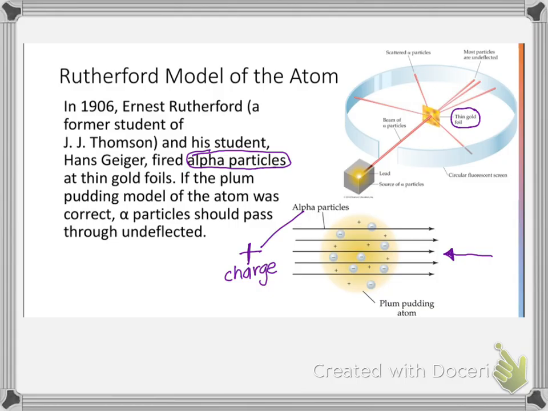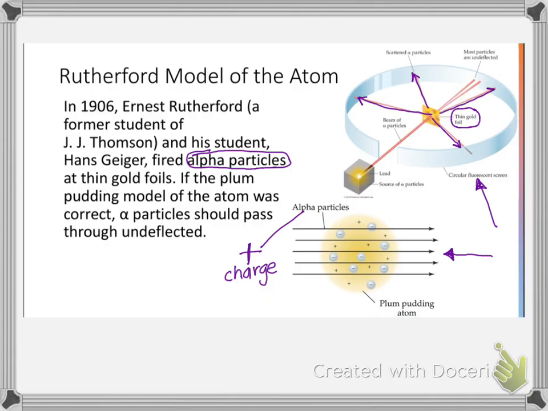You would think positive would deflect positive, but someone described it as the alpha particles being large, so it would be like throwing a baseball through tissue paper. They were thinking the alpha particle would just blast through the paper and go to the other side if the plum pudding model was correct. But if you look up here at this illustration, what you'll notice is that not all of the alpha particles went through.